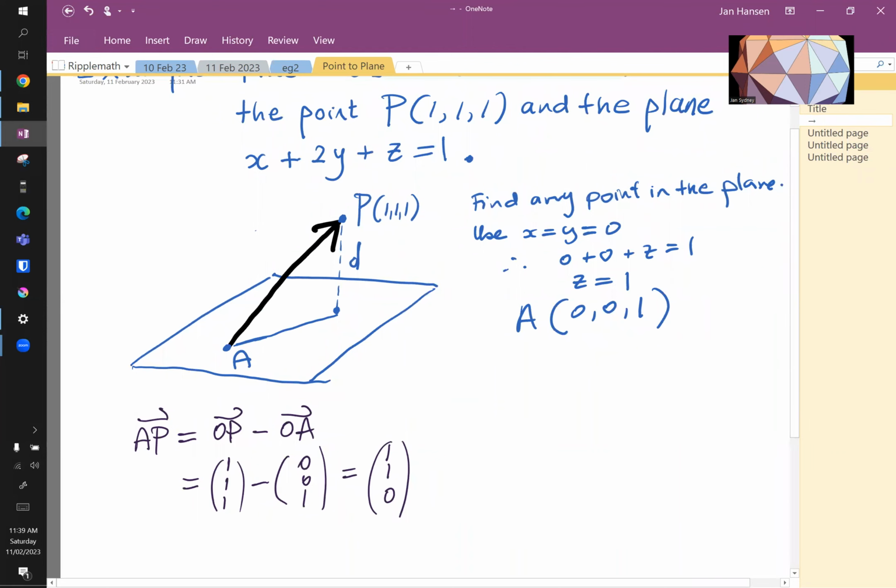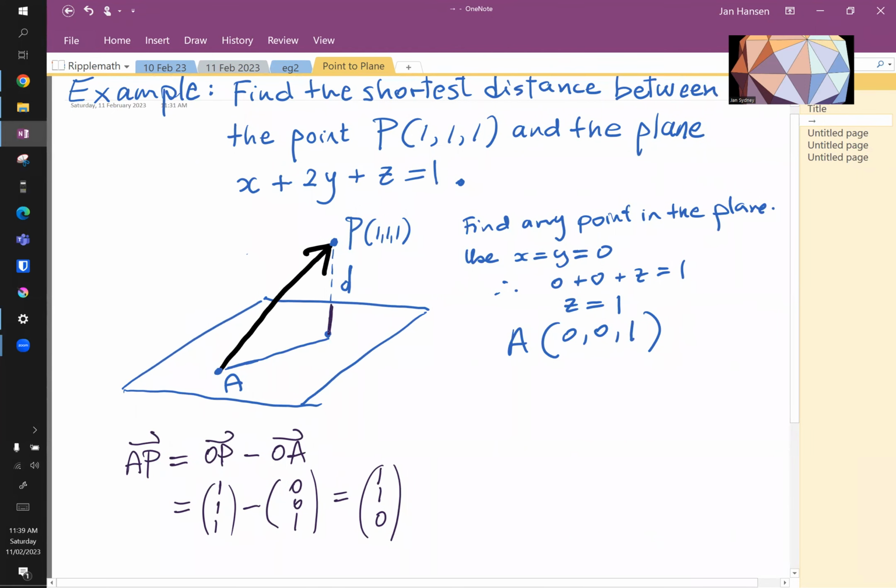What we're going to do is figure out the normal to the plane, and then project AP onto that normal direction. Since the plane is x + 2y + z = 1, the numbers in front of the x, y, and z give you the normal of the plane, or a normal of the plane.